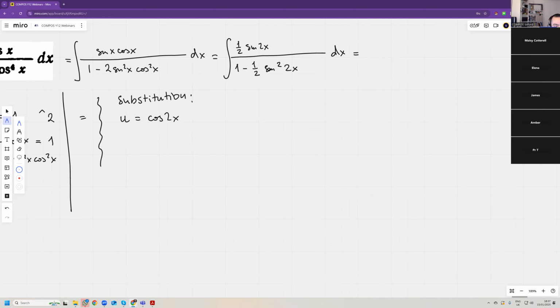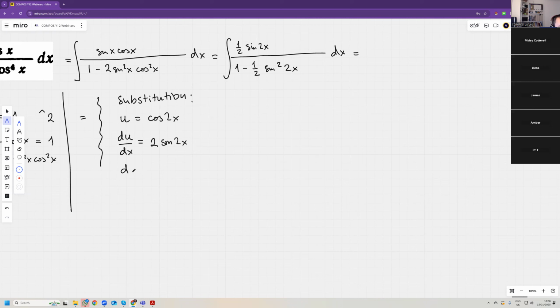So once again, u is cos 2x. So what gave me a hint? I have sine x. I have an odd power of sine. So that gives me a hint that I should use substitution. Because if I find du dx, there's going to be 2 sine 2x.